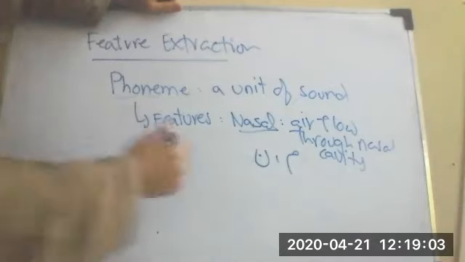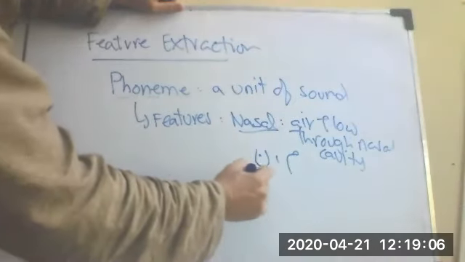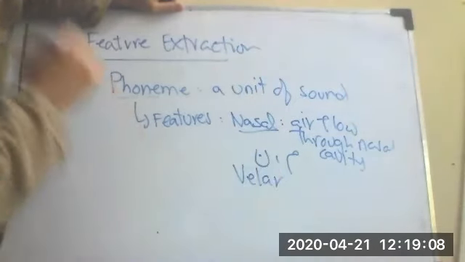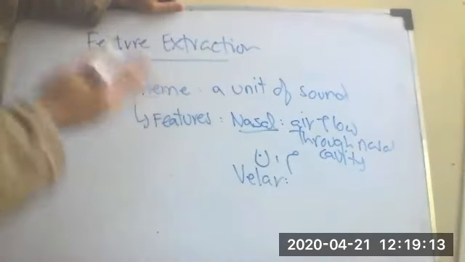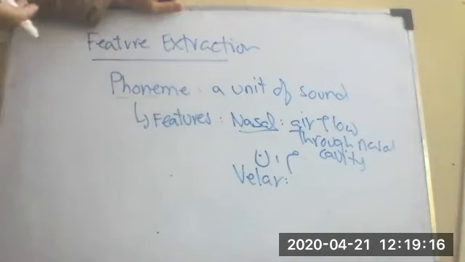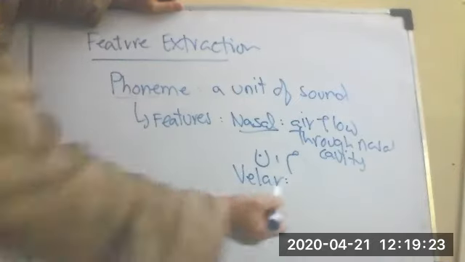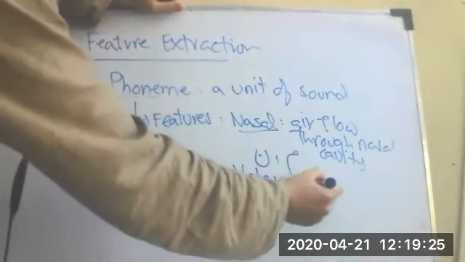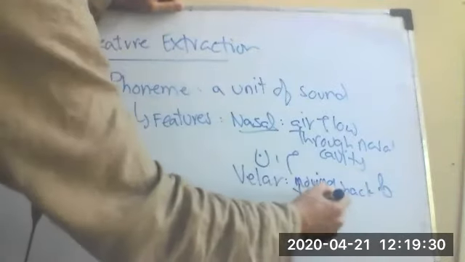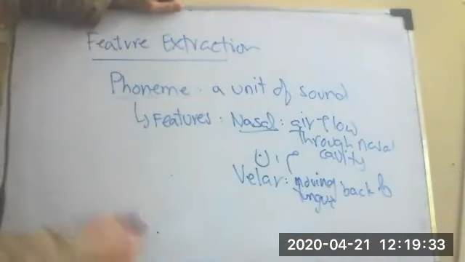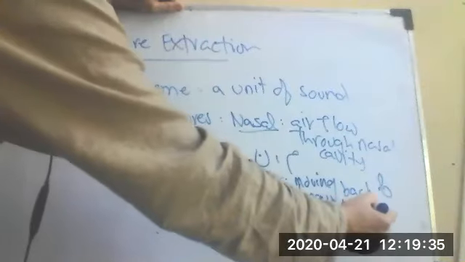Similarly, there is this feature called the velar feature, and that means moving your tongue to the back, to the top of your mouth near the velum. So that's the top of the mouth. Okay? So moving the back of the tongue near the velum.